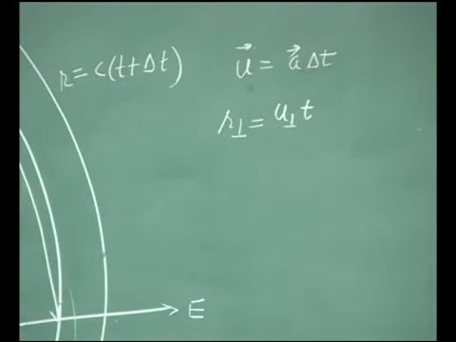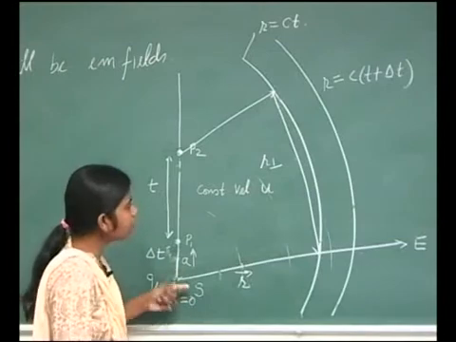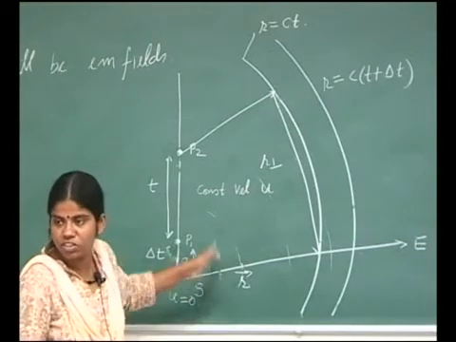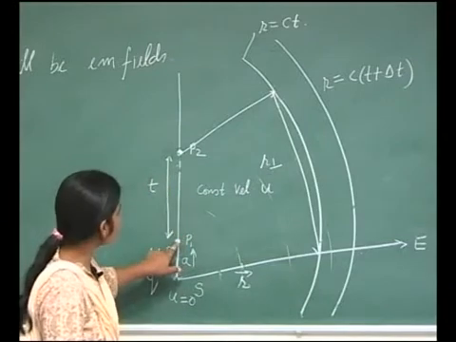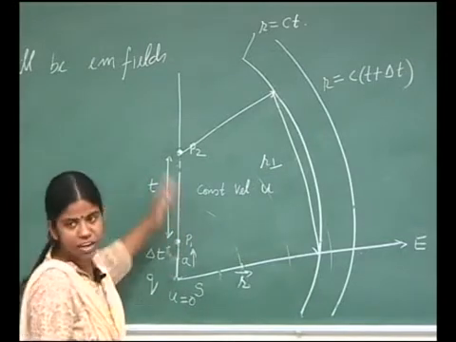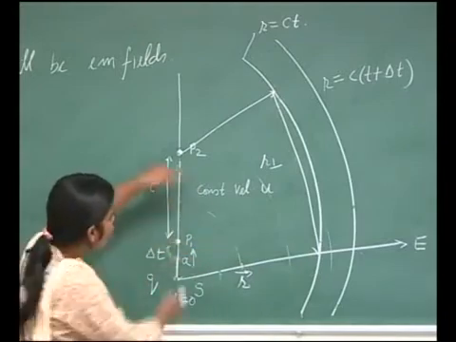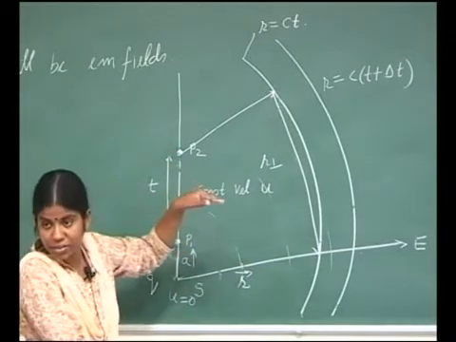And u perpendicular is the perpendicular component of the constant velocity with which the charge is moving. And the charge has been moving with constant velocity only for time t. And this observation is also between these two points.